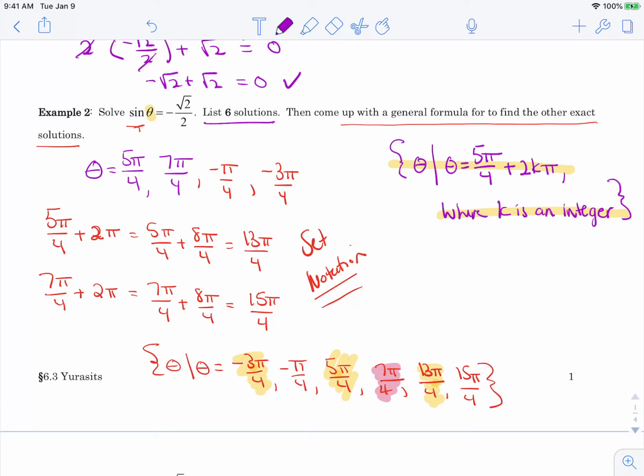To come up with the other general solution, it would be theta such that theta equals the very first one you hit for the other one, which is 7 pi over 4, plus 2k pi. Again, you have to let your reader know because k could take on any value, but we want to let the reader know where k is an integer.